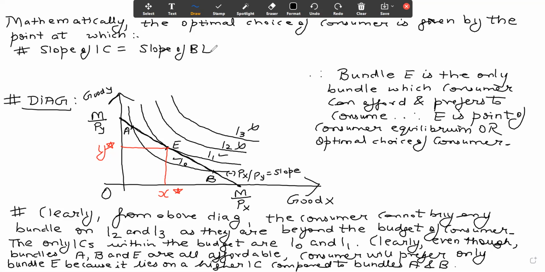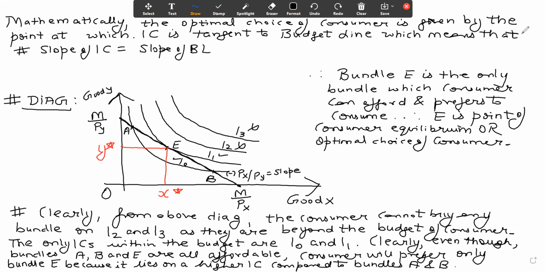I can write one more line. It is given by the point at which the indifference curve is tangent to the budget line, which means that slope of the indifference curve is equal to slope of the budget line.